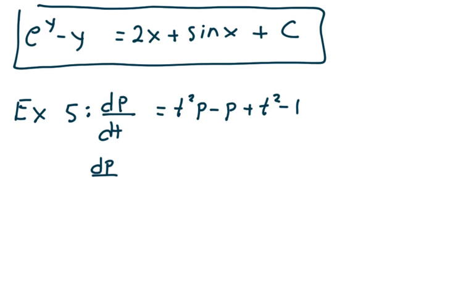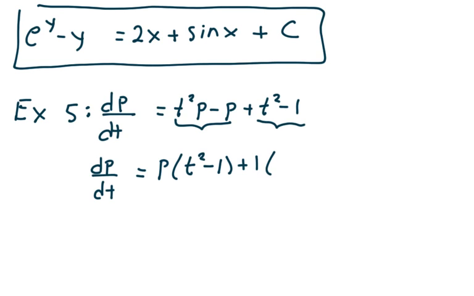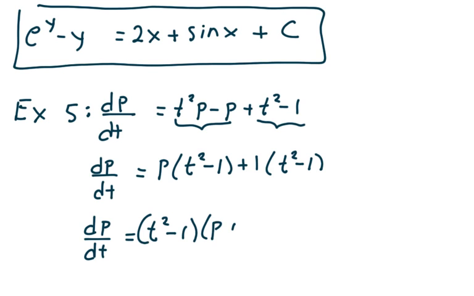So dp/dt, I'm going to factor by grouping. In the first two terms, I factor out a p, and I get t squared minus 1. In the second two terms, I factor out a 1, and then I get t squared minus 1. So dp/dt is t squared minus 1 times p plus 1, right?